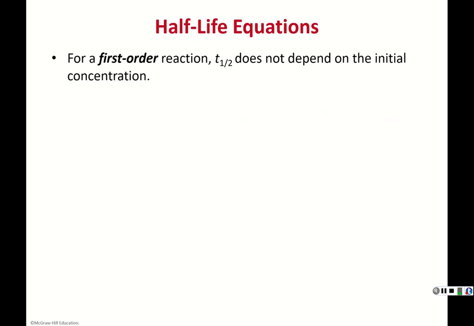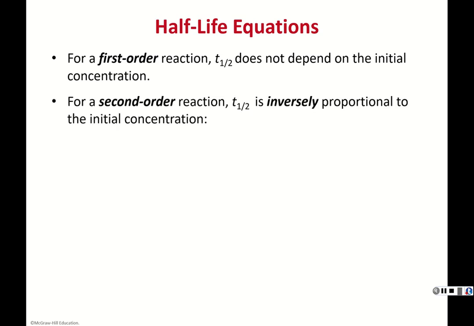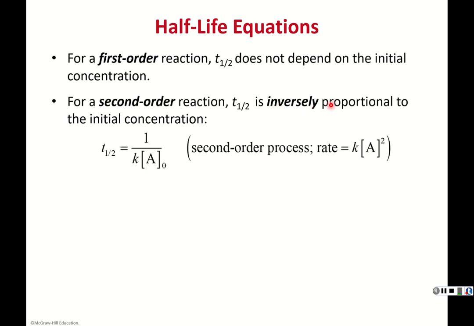Right, so we've seen that in a first-order reaction, the half-life does not depend on the initial concentration. Unfortunately, for zero-order and second-order, it does. For a second-order reaction, the half-life is inversely proportional to the initial concentration. Right, so if we use our integrated rate laws and plug in a value of 1 for A, and 1/2 of A naught for A at time t, we'd get this expression.